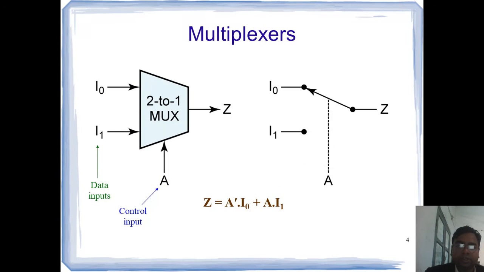This is the diagram of a 2:1 multiplexer.